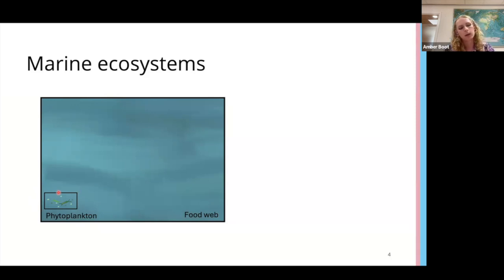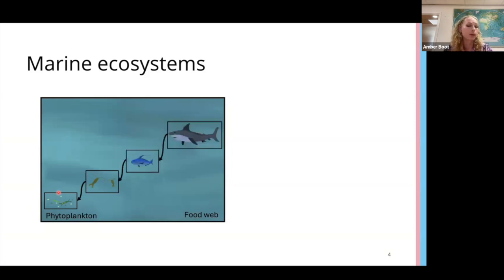Now, typically in the ocean, it's not universally true, but small organisms get eaten by larger organisms, which get eaten by even larger organisms, right? Now, what I show here is a nice food chain. But in reality, we do not have a food chain, we have a food web.